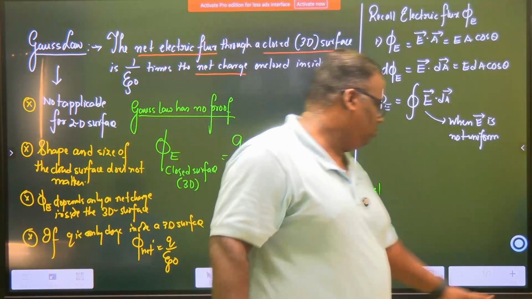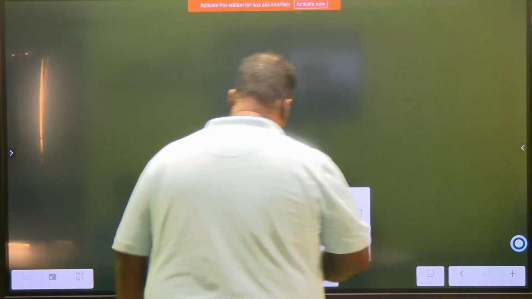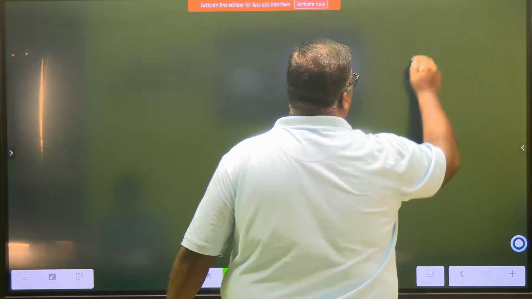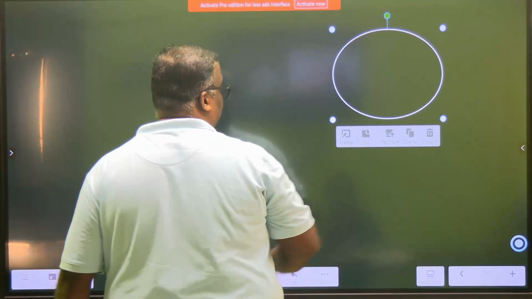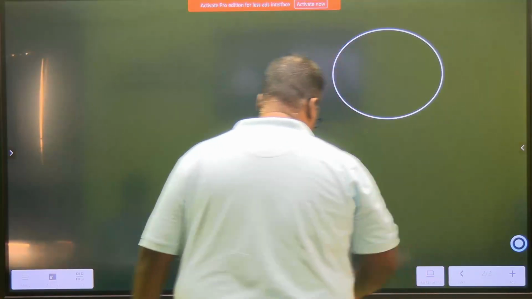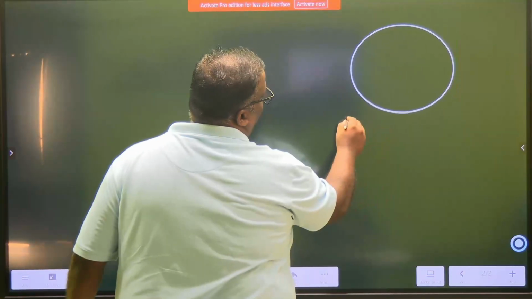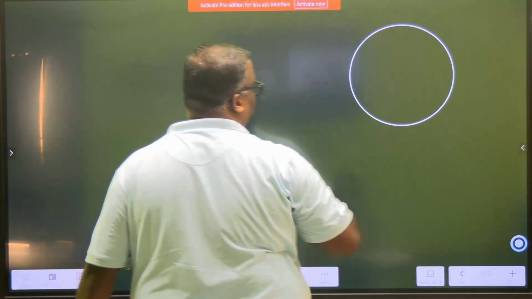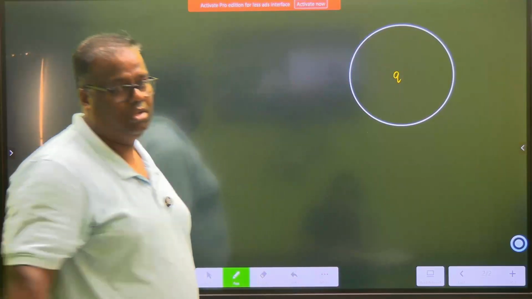So what we do, we see yesterday's scenario once again. We will see a sphere. Let's pick up a sphere which is enclosing a charge Q inside it. We have a 3D sphere, and this 3D sphere encloses a charge Q inside it. It does not matter whether the charge Q is right at the center.